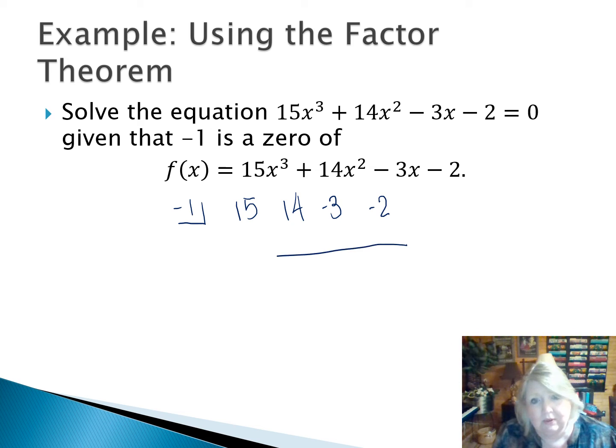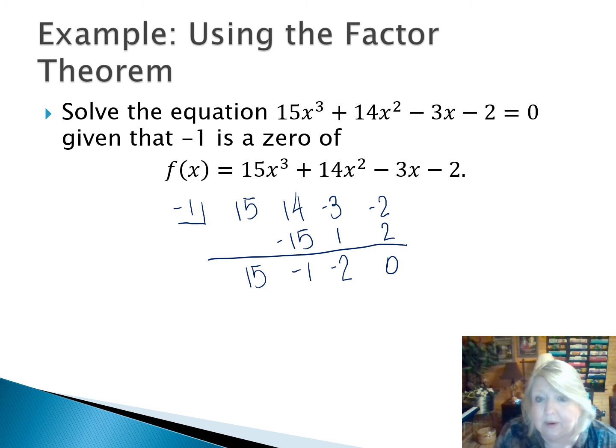So I set up my coefficients in my box, and I bring down my lead coefficient, and I start my synthetic division. -1 times 15 is -15. 14 minus 15 is negative 1. Negative 1 times negative 1 is positive 1. And add, that'd be negative 2. Negative 1 times negative 2 is positive 2. And lo and behold, when I add, I do get a remainder of 0.